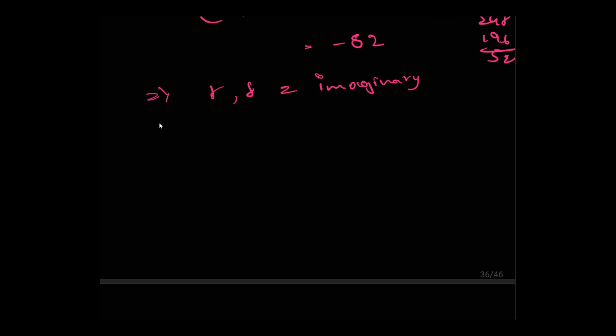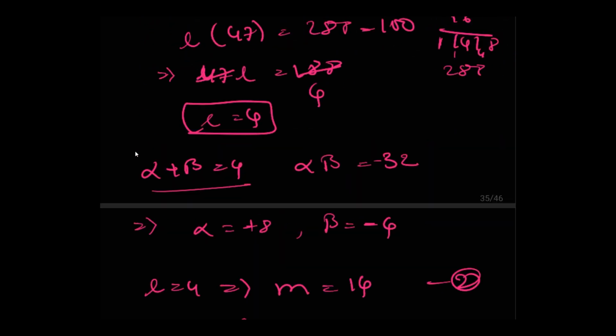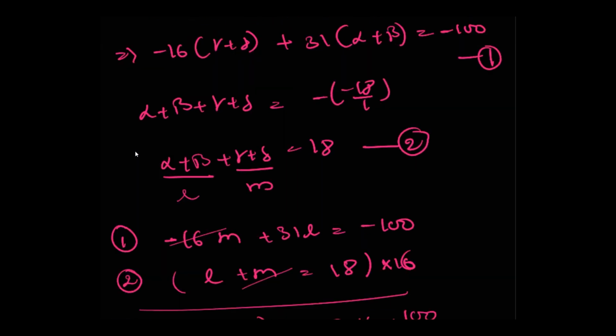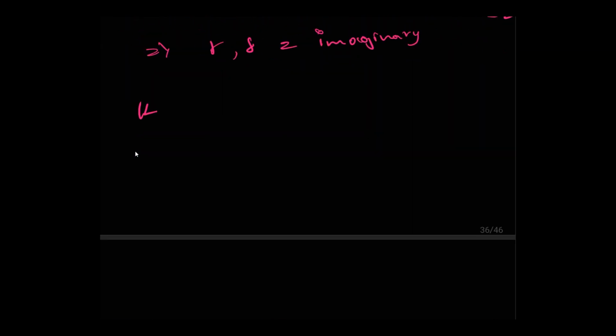Now what do we want? We want k. And what is k? Coefficient of x squared. That can be written as alpha beta plus beta gamma plus gamma delta plus beta alpha plus alpha gamma plus beta delta. Now we know alpha beta and gamma delta.